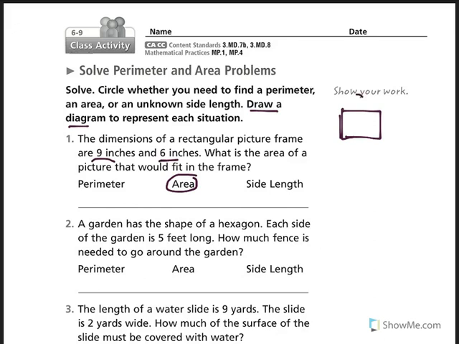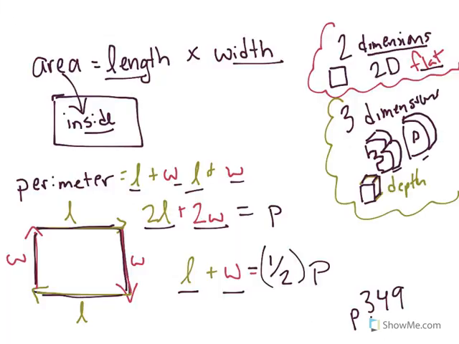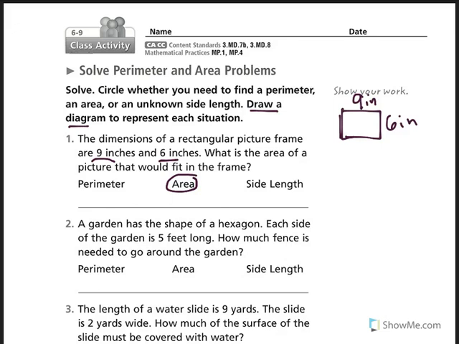I'll label my longer side 9 and my shorter side 6. And then to find the area, I'm going to multiply those two. So then I have 9 times 6. You think back to your math facts, and it's 54 square inches.